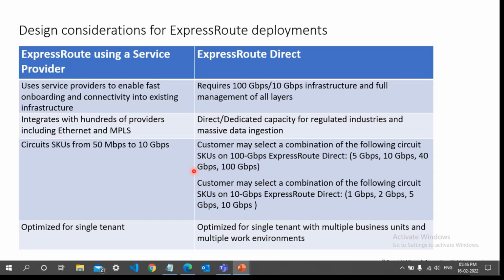That means if you choose a region for maybe USA with the standard SKU of ExpressRoute, then you can only connect to the data centers of the USA region only. You can't connect to the data centers in Hong Kong or the Asia Pacific region. So for this, you need to upgrade to the premium SKU of ExpressRoute, and with the premium SKU, you also get global connectivity as well as very high bandwidth.